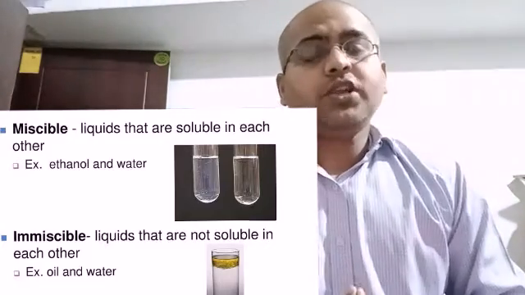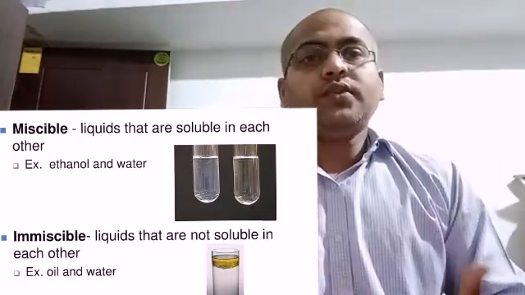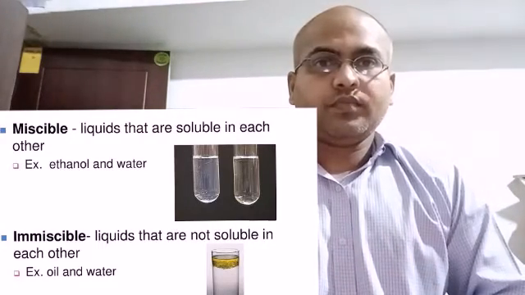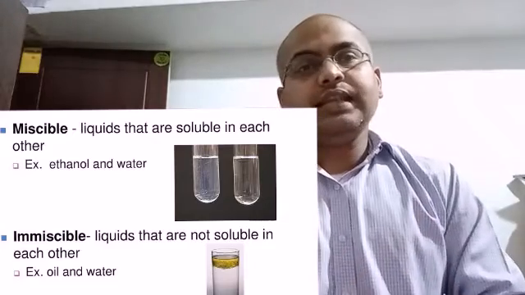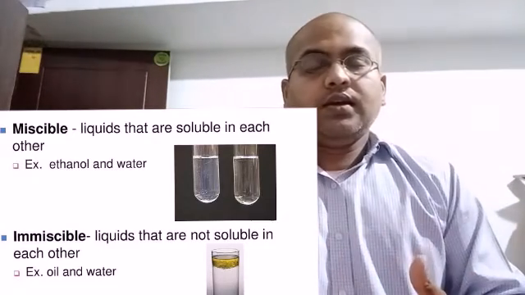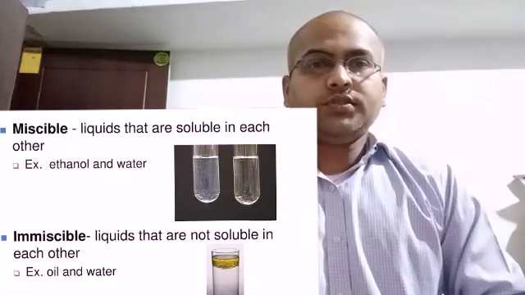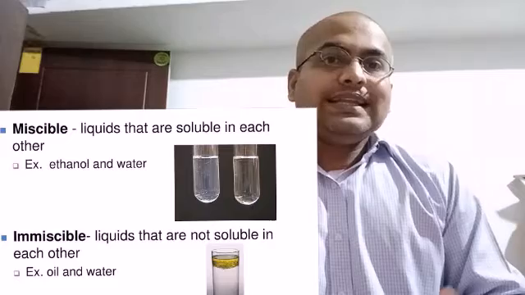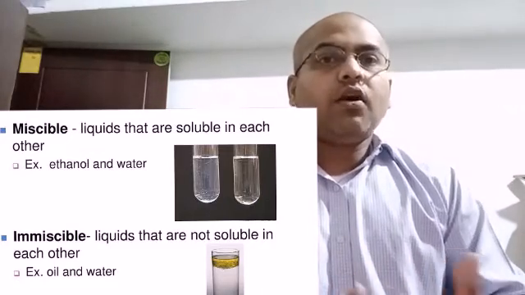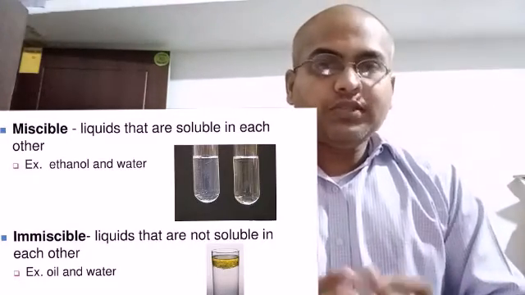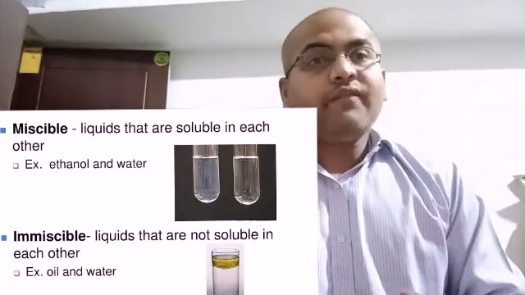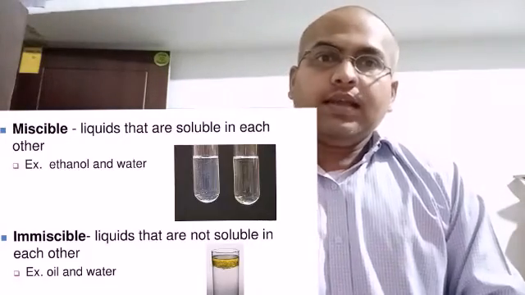Suppose it is a mixture of oil and water, then water forms the lower layer and the oil forms the upper layer. After some time, when these layers are properly formed, by opening the knob we take out the water from the separating apparatus.